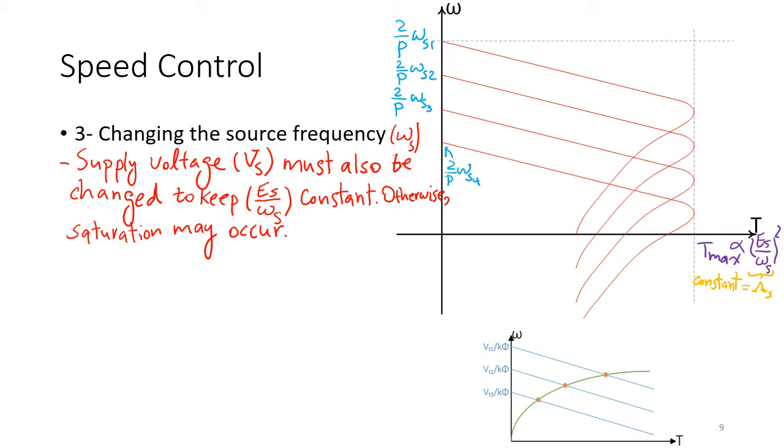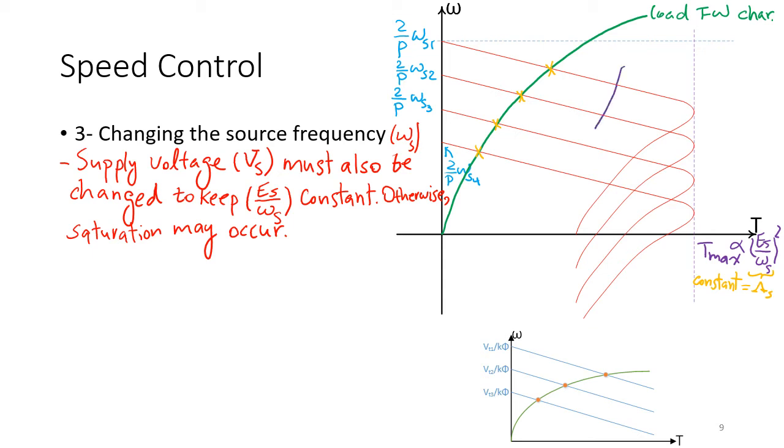So here, if we have a load torque speed characteristic like this, we can achieve different speeds if we want.